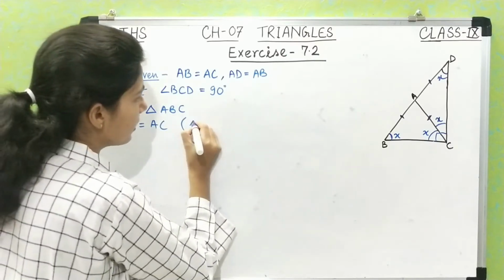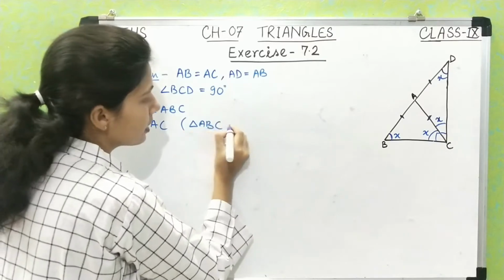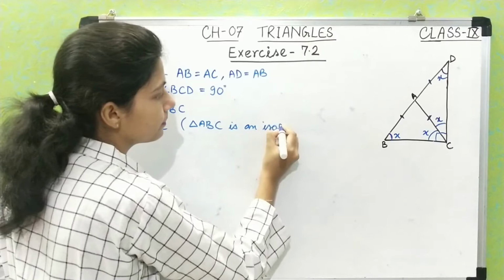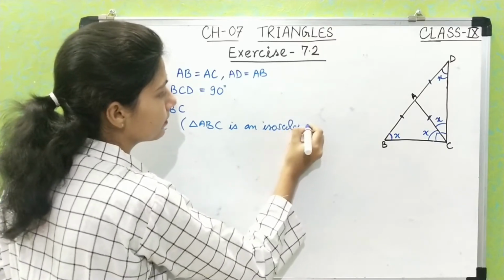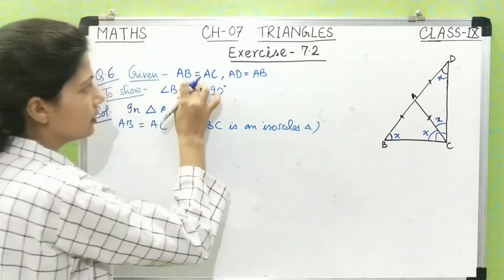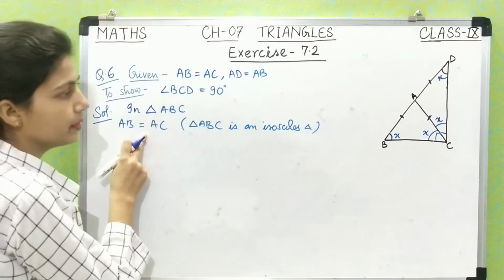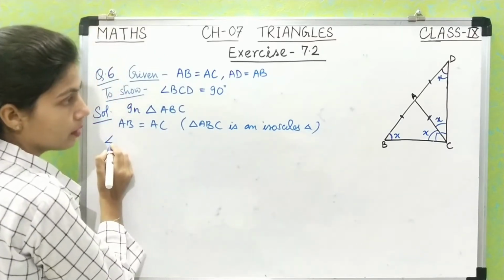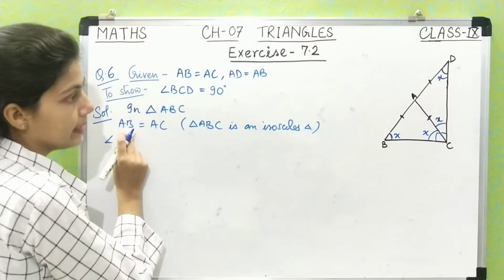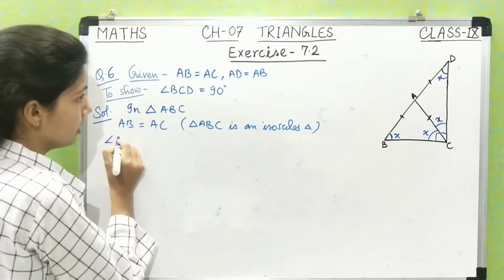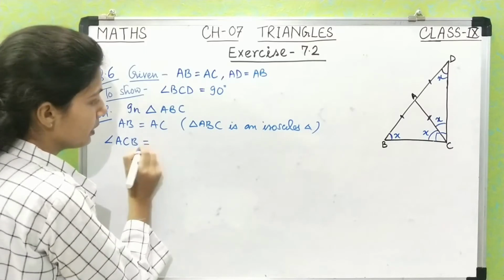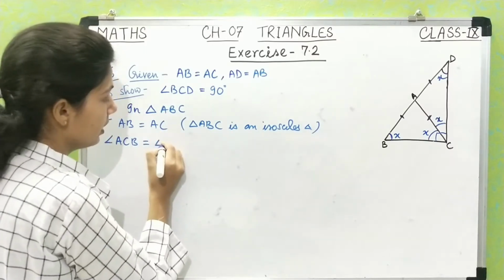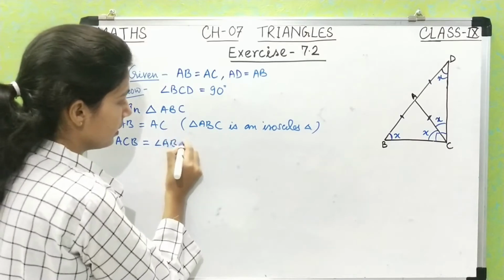Because triangle ABC is an isosceles triangle, and this one we have also been given. So the angle opposite to side AB, angle ACB, will be equal to the angle opposite to side AC, angle ABC.